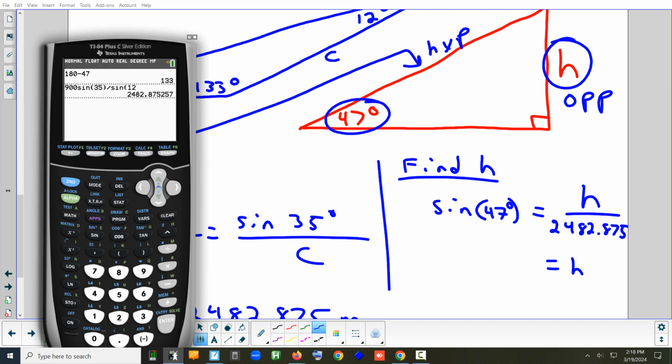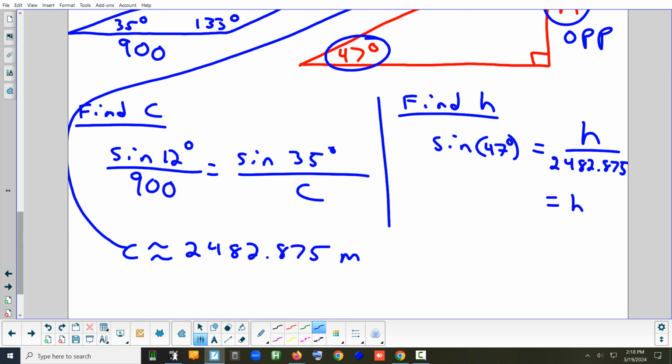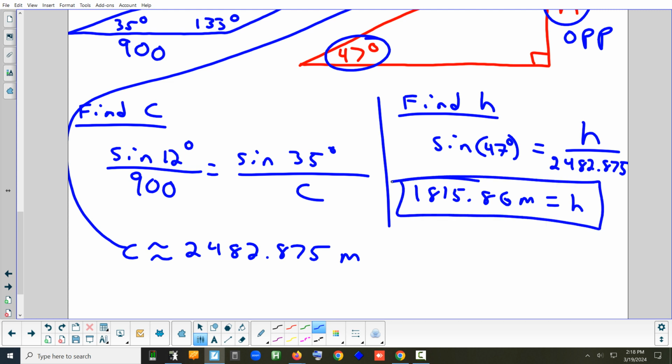Okay, so 2482.875 times the sine of 47. So 1,815.86 ish. That's the height of the mountain.